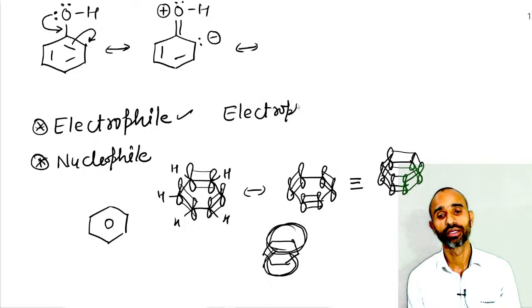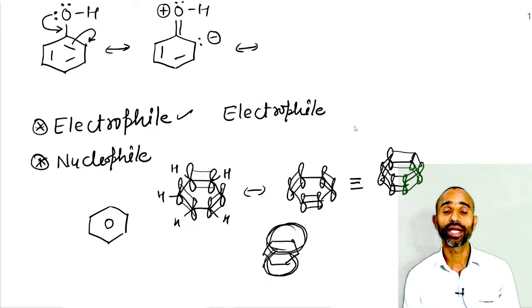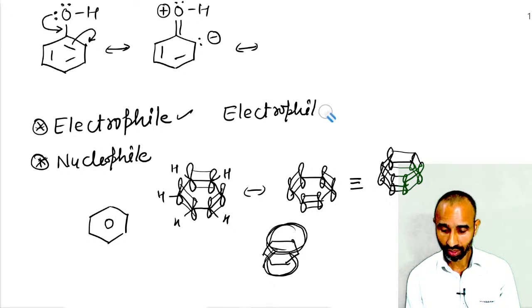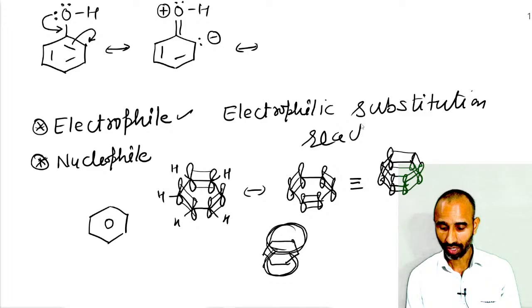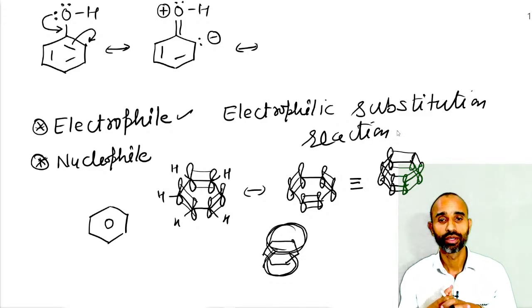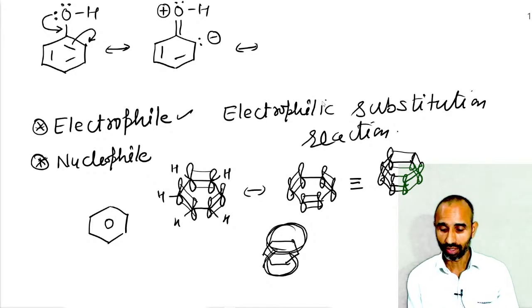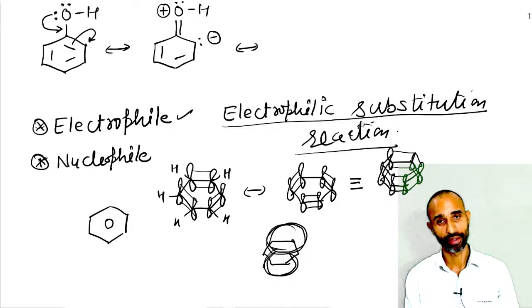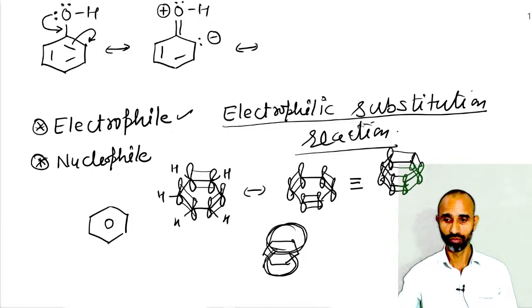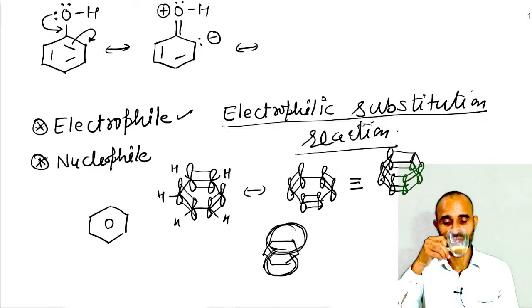And in spite of high degree of unsaturation, it will show electrophilic substitution reaction rather than addition reaction. Otherwise, unsaturated compounds show addition reactions. But here, it undergoes electrophilic substitution reaction. Why electrophilic substitution and not electrophilic addition?